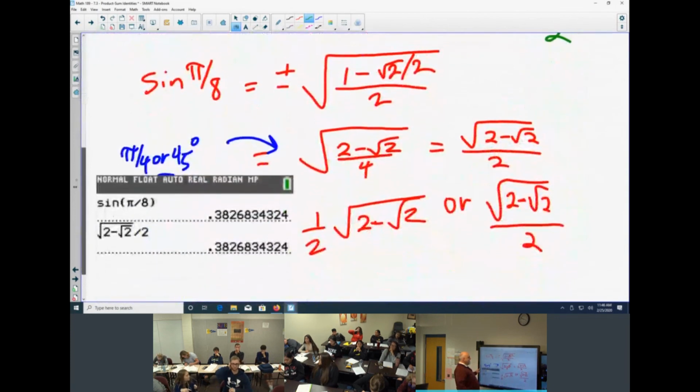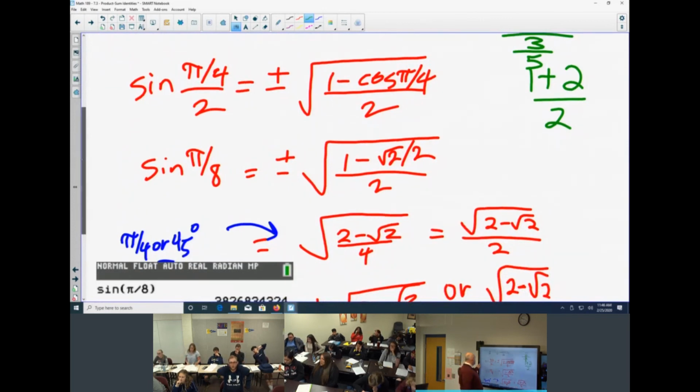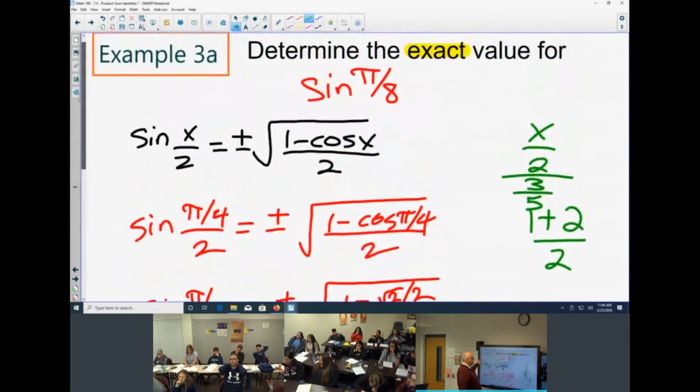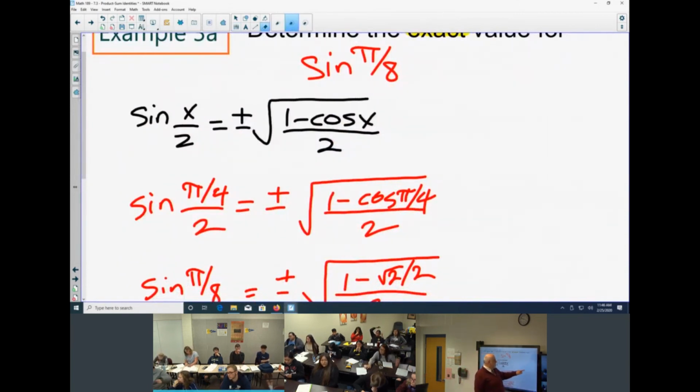Wait. I forgot. How do I know, as far as figuring the plus or minus, that it's plus and not minus? How do I know that the sine of pi/8 is positive and not negative?